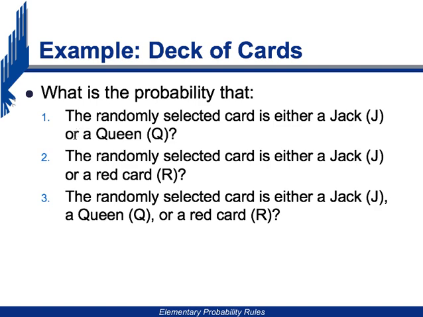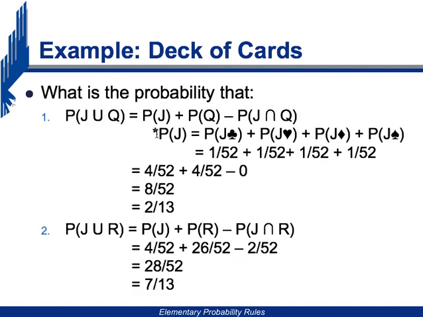Because of the word or, this probability is asking for the union of events J and Q. To compute for P of the union of J and Q, we will use the general formula, the addition rule. That's the sum of their individual probabilities minus the probability of their intersection.